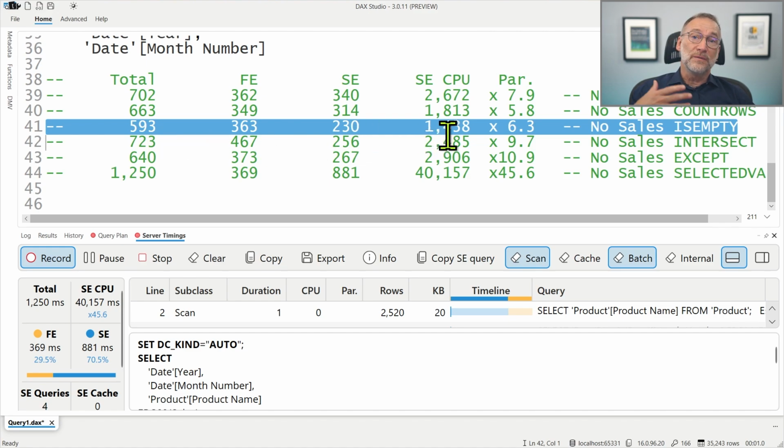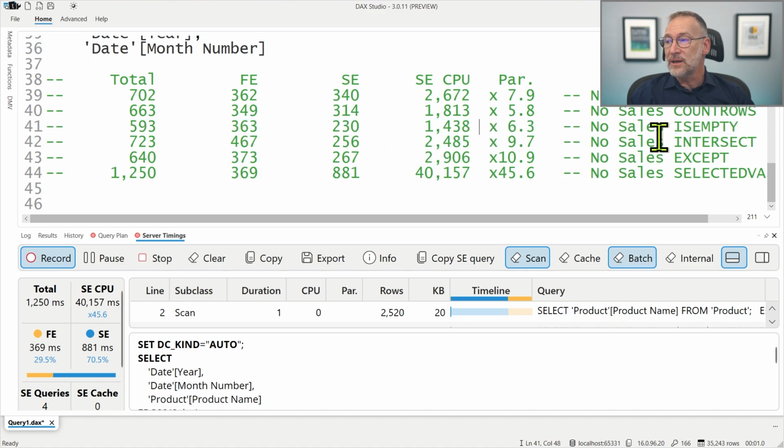And from the point of view of the storage engine, it actually uses a lot less CPU. So this small increase in the formula engine is actually compensated by the gain that you have in the storage engine, because the query is actually faster. It does not need to count, it does not need to compute the sales amount, it just needs to check whether there is a specific combination in the fact table or not.